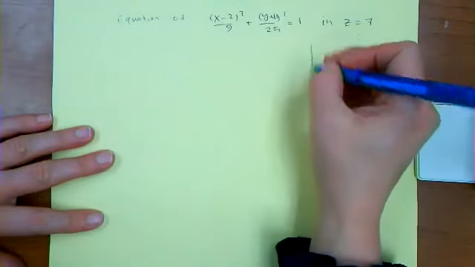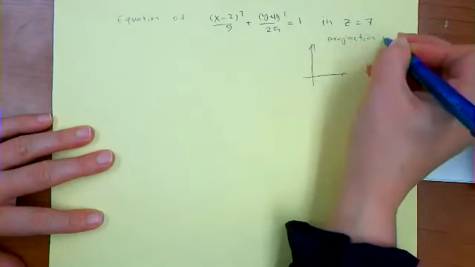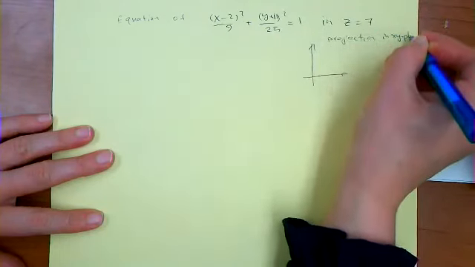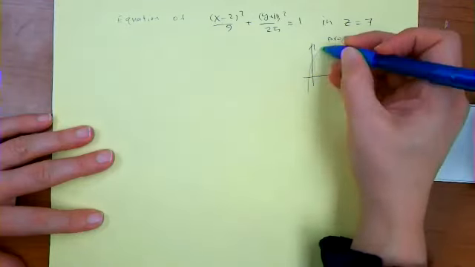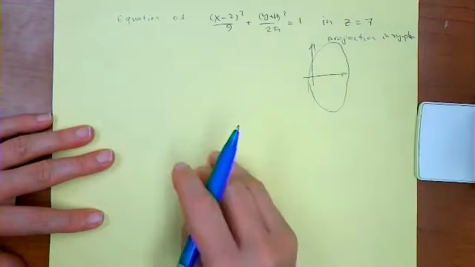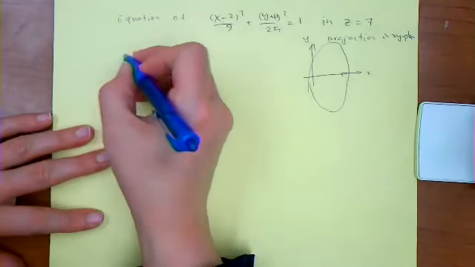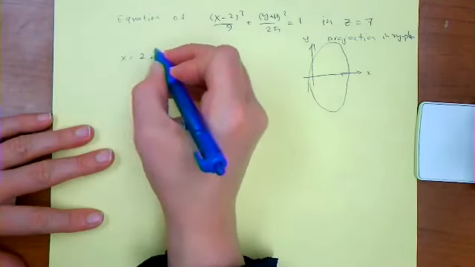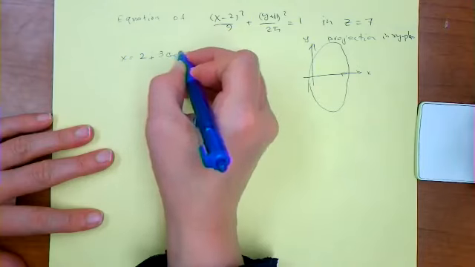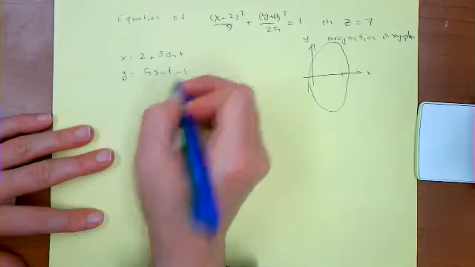So the projection in the XY plane still gives me that ellipse that I got a few minutes ago, approximately like that. Here's X, here's Y. So I still have what I got from the previous section. I still have X equal to 2, which is the X value of the center, plus 3 cosine t. Y equal to 5 sine t - 1.